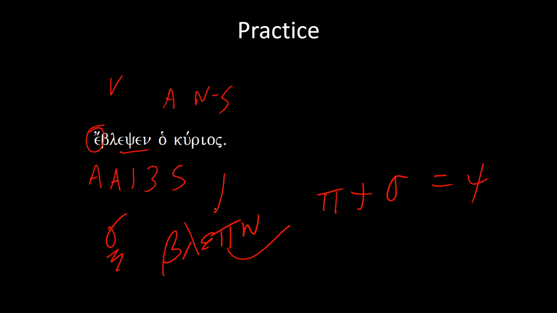If you want to go ahead and parse it out, I could parse out the article, ha, nominative masculine singular from ha, the, and I could parse out kurios, nominative masculine singular from kurios, Lord.